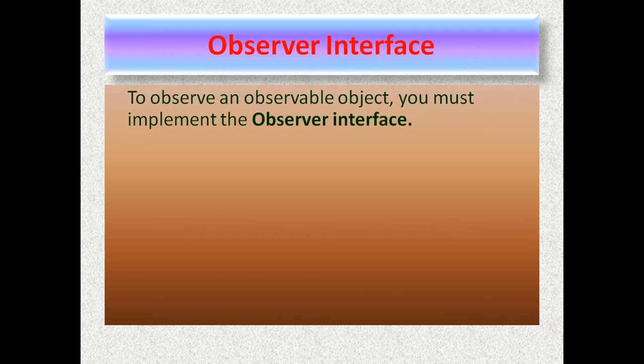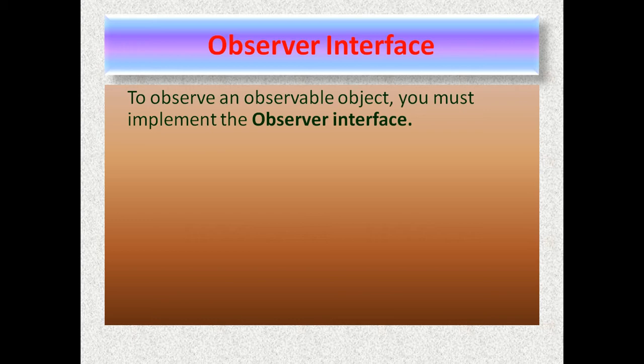Class A can be used to observe class B, C, and D objects.